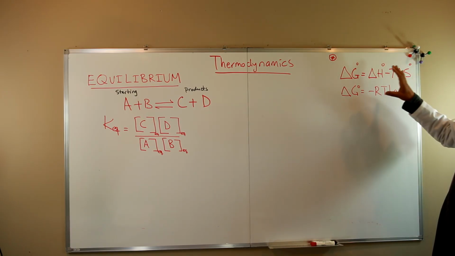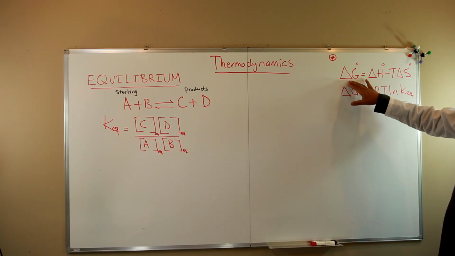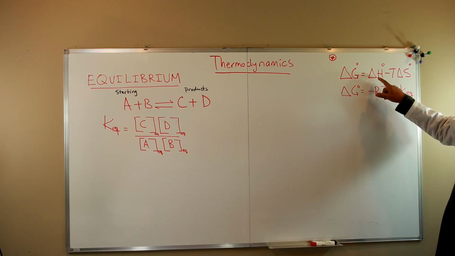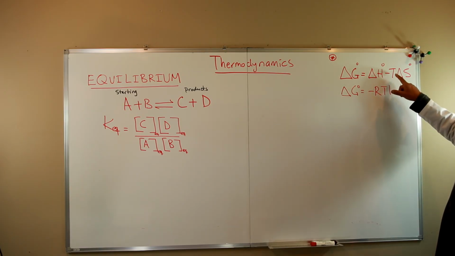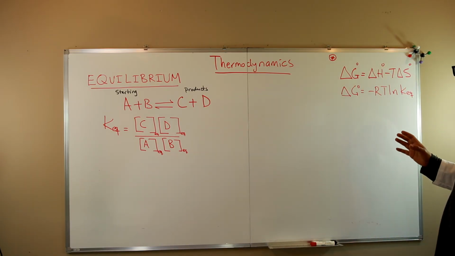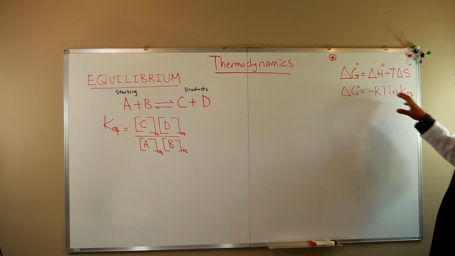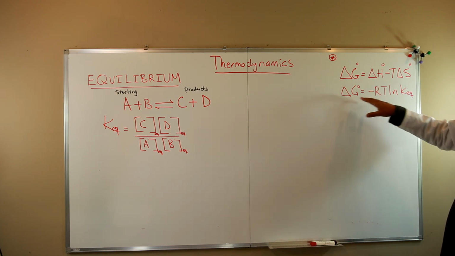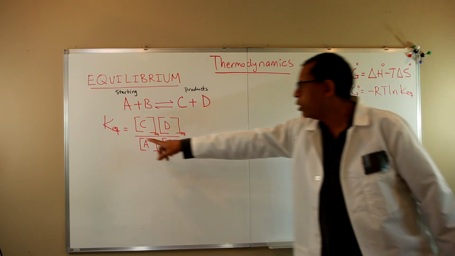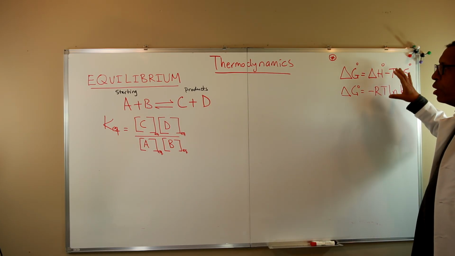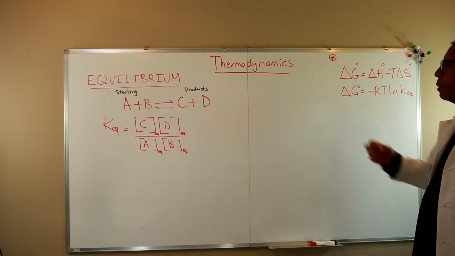As it relates to the free energy, delta G is free energy, delta H is the enthalpy of a reaction, T is the temperature in kelvins, and delta S is the entropy of the reaction. Another equation relates the free energy to the equilibrium constant. So these are two important equations when we deal with equilibrium situations.